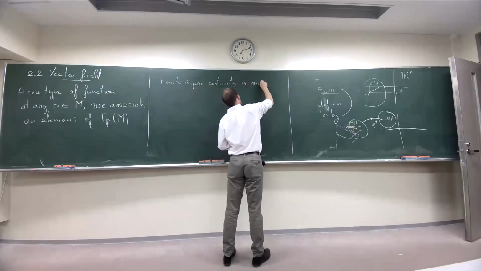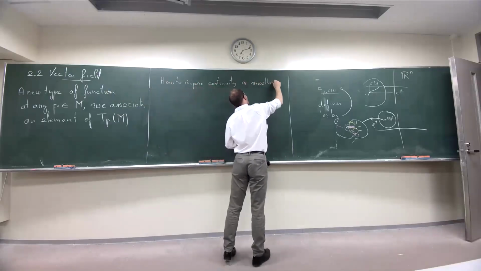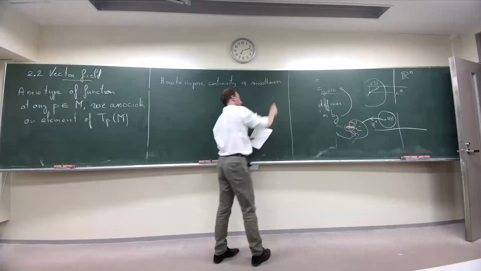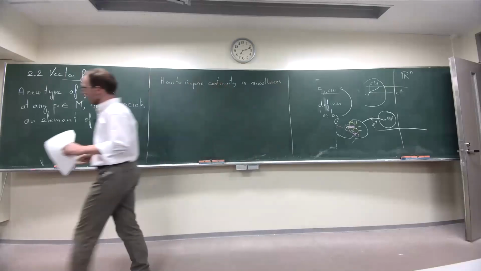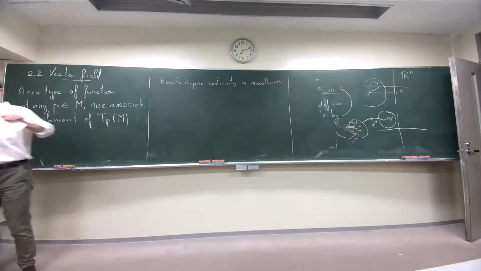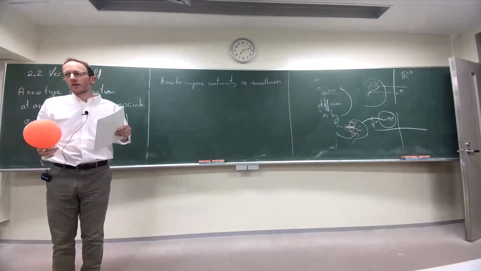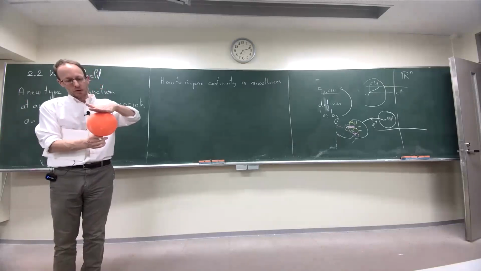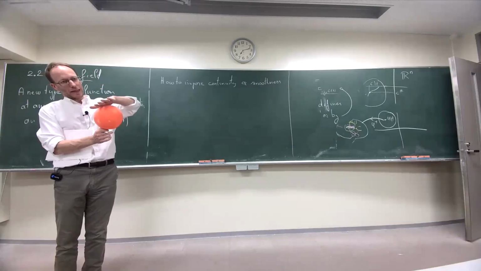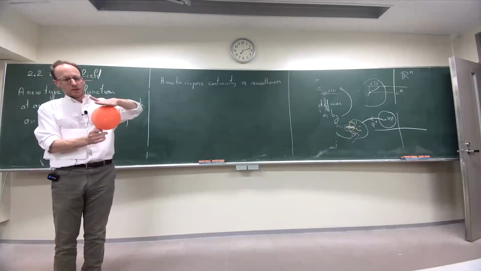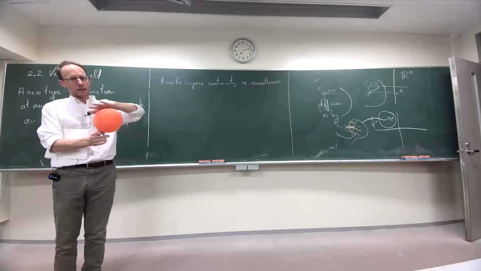Why isn't it so easy? Because think again about my balloon. The images at two different points live in two different spaces, because at one point you have the tangent space, which is like this, but the next point has a slightly different plane. So the notion of smoothness is not completely trivial.